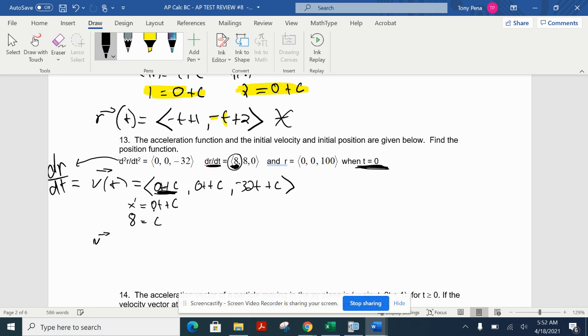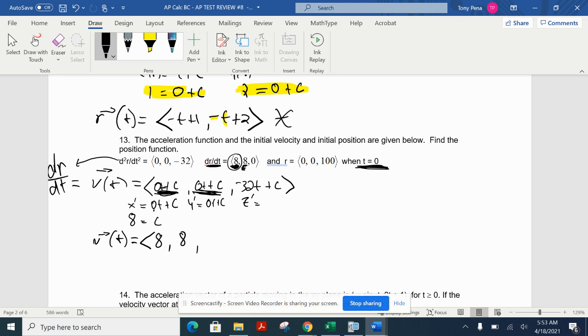So we can then get ready to write our velocity vector. This really just ends up being an 8. Wouldn't the exact same thing happen with this one? This just ends up being our initial y rate of change. This would have been y primed equals 0t plus c, but that's going to be an 8 as well. This one, again, you won't have to deal with 3 dimensions on the AP test. That's our z if we were moving in 3 dimensions.